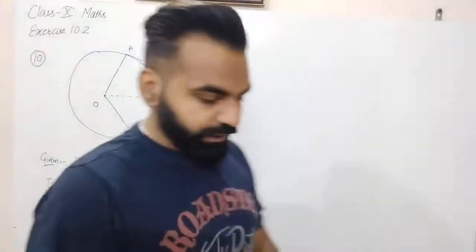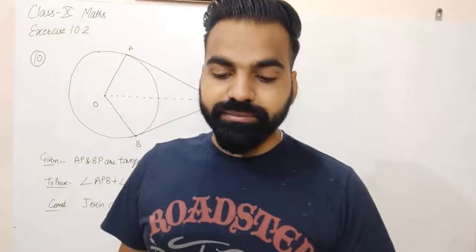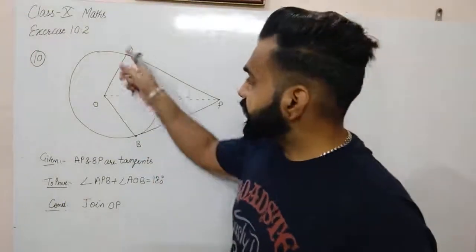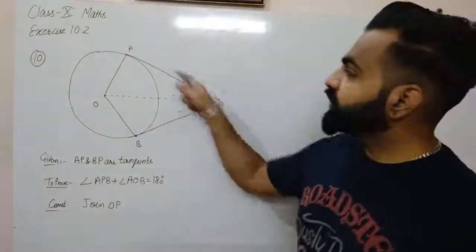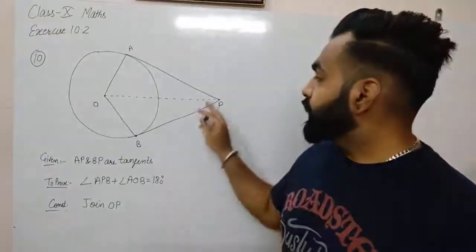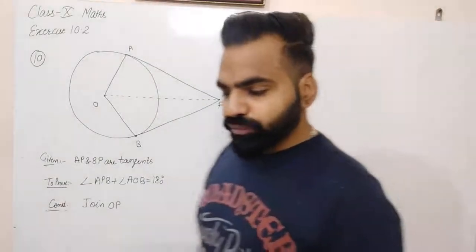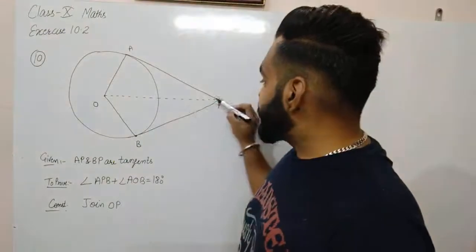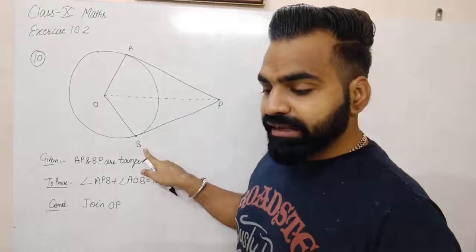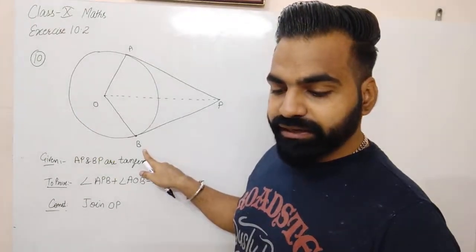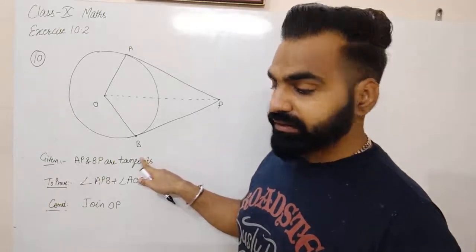Let's see question number 10. Prove that the angle between the two tangents drawn from the same external point to the circle is supplementary to the angle subtended by the line segment joining the points of contact at the center.